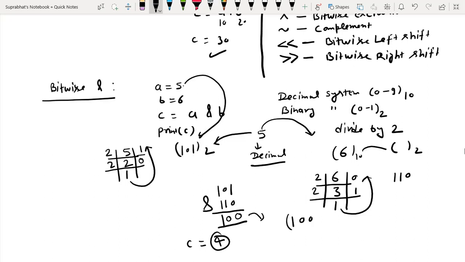So how does this binary convert again into decimal? Because the final output we are saying is 4. So now again convert binary into decimal.